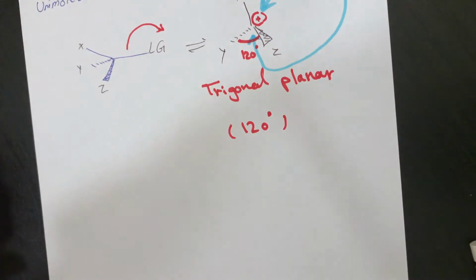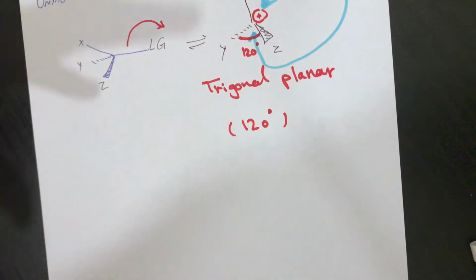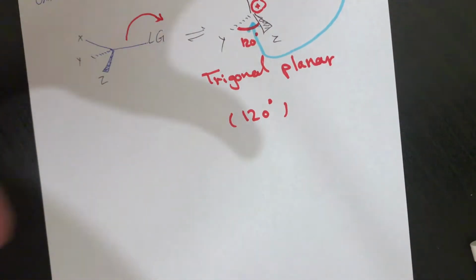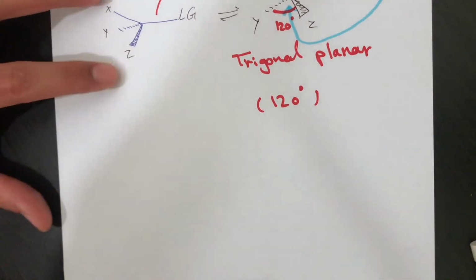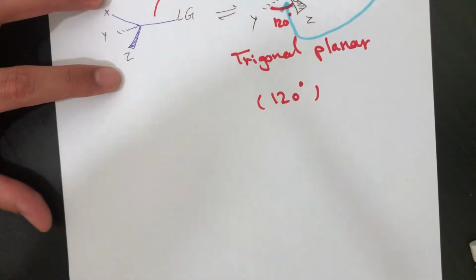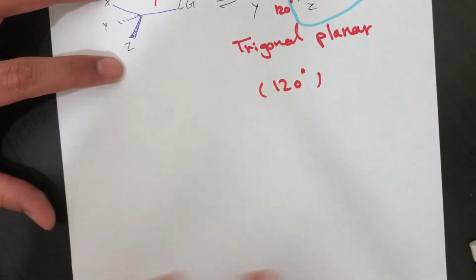If you look at the stereochemistry, in the other video I've explained what stereochemistry is and how we can find R and S and understand how the molecules are moving in 3D.